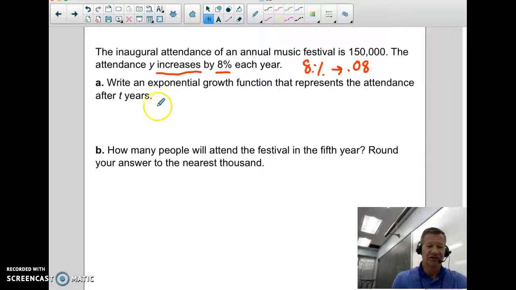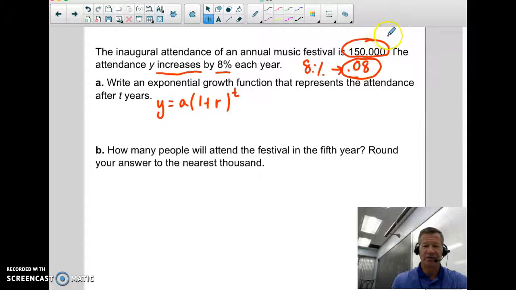So here's how it's going to look. First of all, remember the form of an exponential growth equation: y equals a times 1 plus r to the t power. Now in this case, what have they told us? The starting amount, the initial amount, 150,000, and the growth rate as a decimal. So we know that this number is a and this number is r.